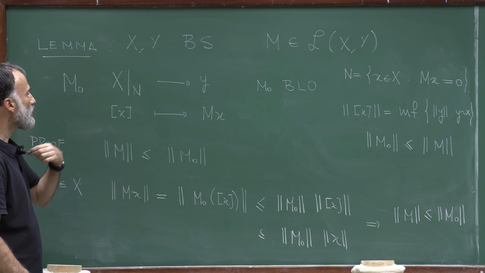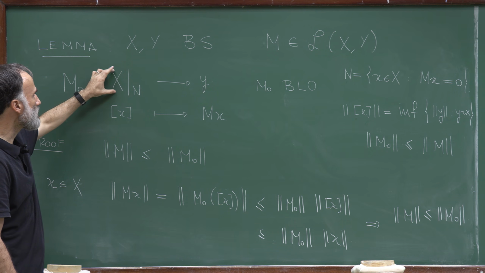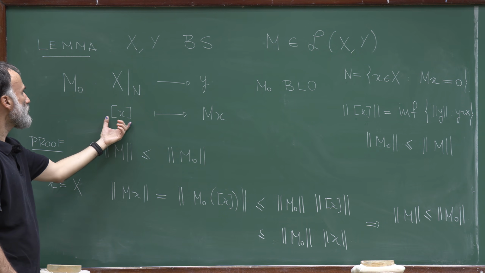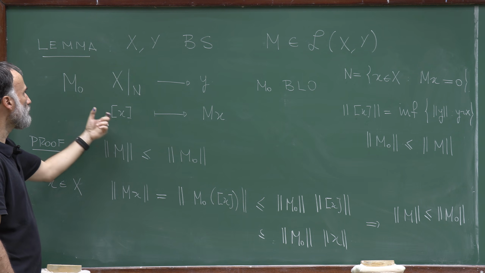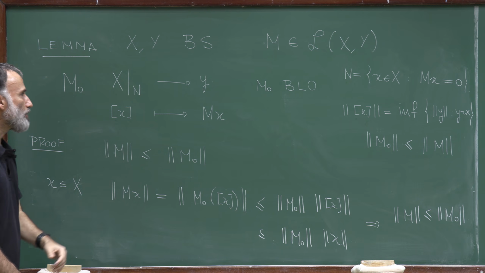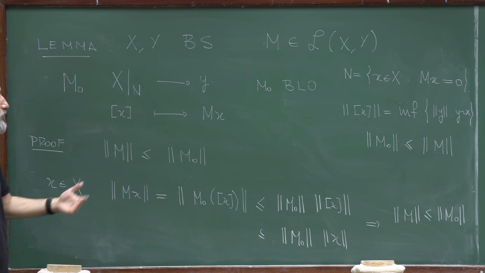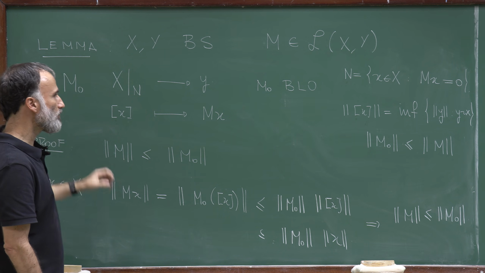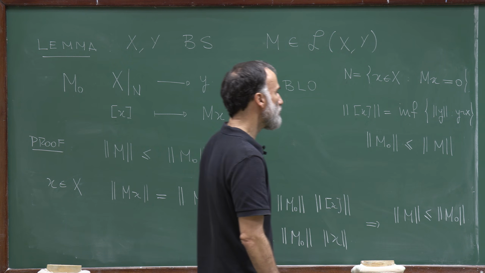Once we have this equivalence relation, we consider the space X modulo that equivalence relation. And for these equivalence classes, we defined an operator M0 from the equivalence classes to Y by this relation. So we proved that M0 is well-defined, linear and bounded, and moreover that the norm of M0 is equal to the norm of the original operator M.